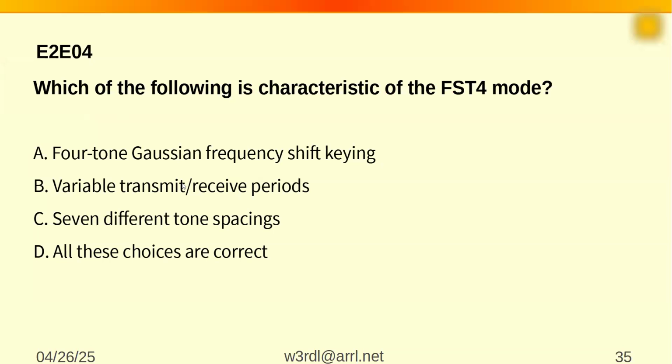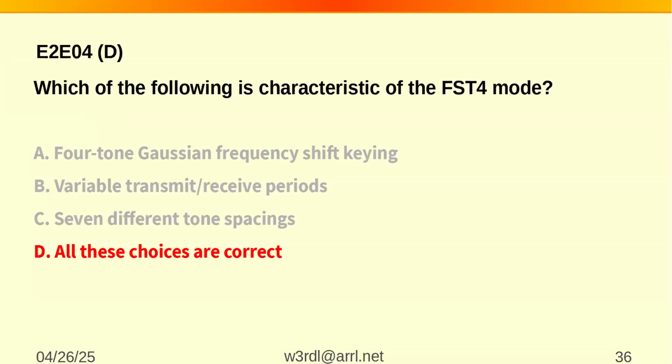So which of the following is characteristic of the FST4 mode? Well, Alpha's right. Alpha's right, yeah. But it has all that other stuff that I don't understand. First time.